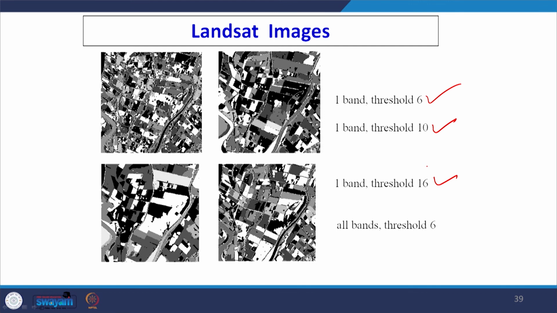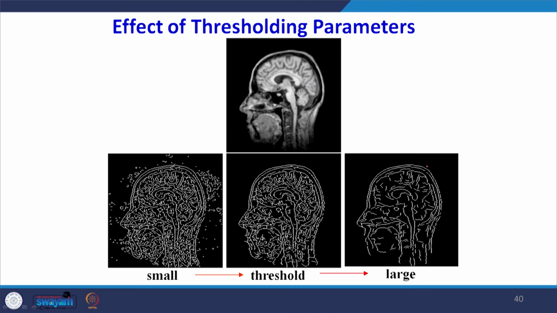If you use different threshold values, you are able to see different features which are very sharp and very prominent in the images. As far as shape is concerned, one can identify the shape and locate the objects using the threshold. Now this threshold has been used in medical science also.